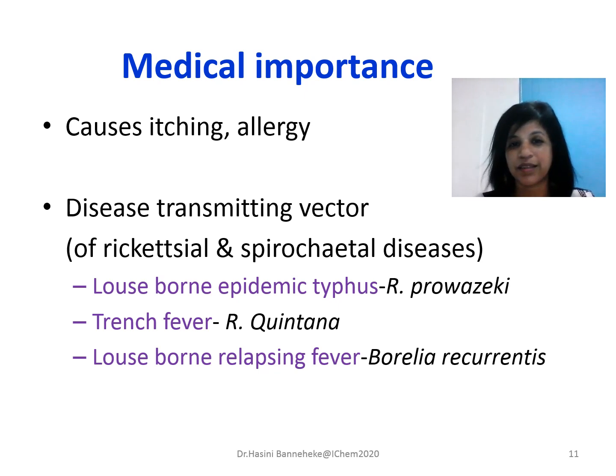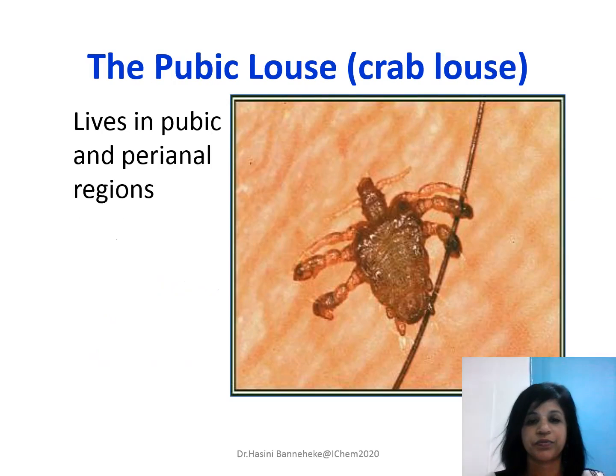Head louse, in fact, causes itching and nuisance, and it doesn't cause many problems other than sucking blood and biting the scalp skin. But when it comes to body louse, it is involved in transmitting certain diseases. So in that way, body louse is actually more important than the head louse. So body louse is a disease transmitter. It can transmit certain diseases like rickettsial and spirochetal diseases, and I have given the examples of those.